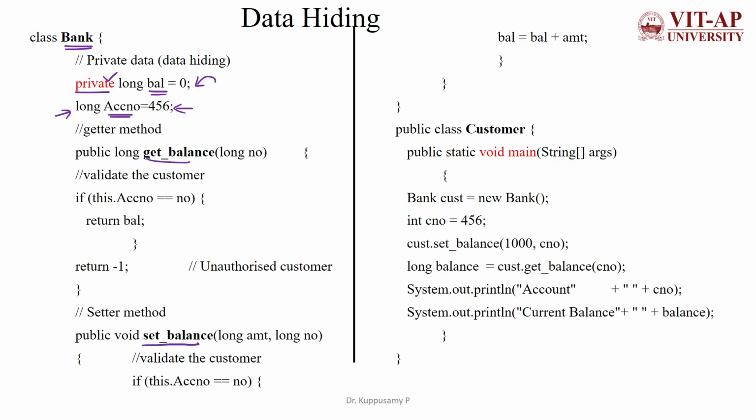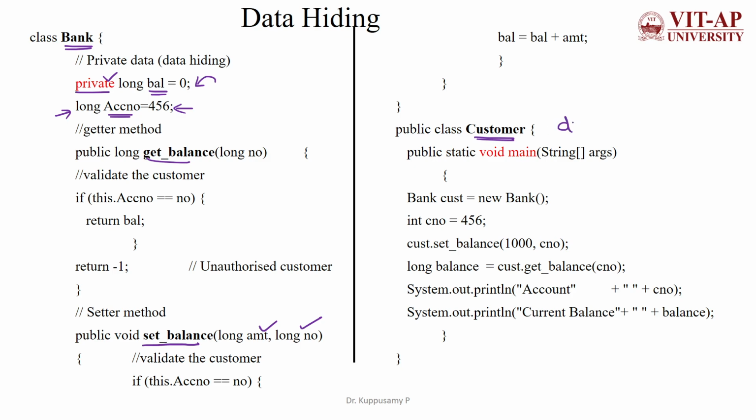The setter method takes two variables as arguments, getting the values through the arguments passed from the class Customer.